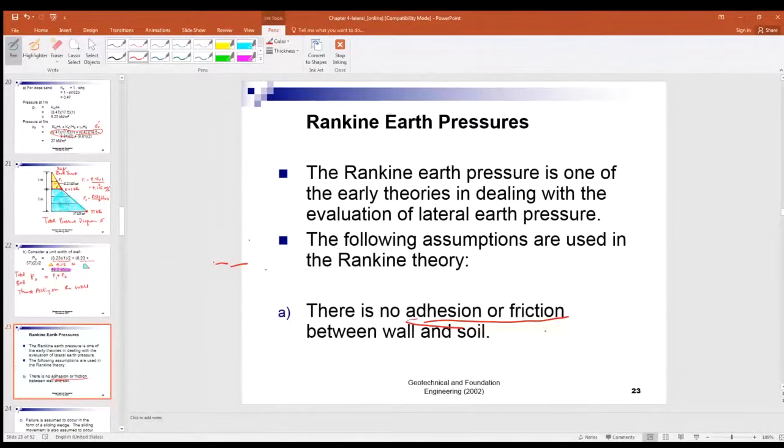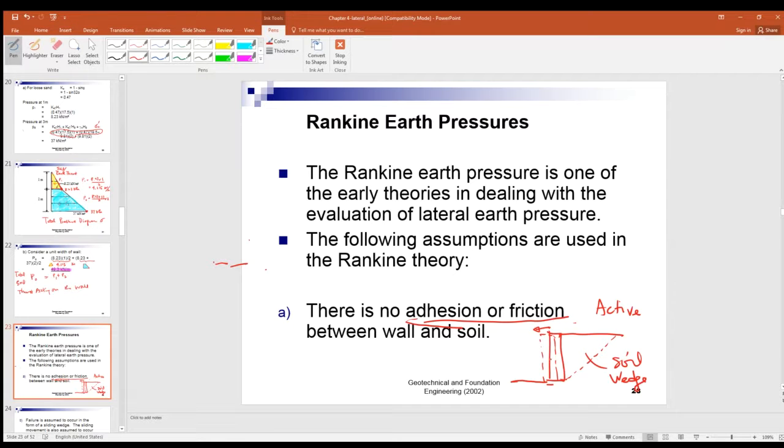It means that, if the wall is going to move out, so that's active, right? Active state. So there's a wedge of soil going out together with the wall.